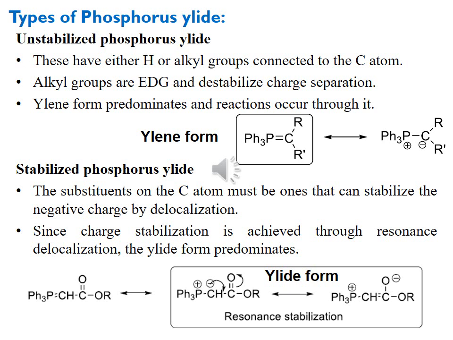So in this case, the stabilized phosphorus ylide form predominates and the reaction occurs through this form. You can see here this is the ylene form and this is the ylide form, which is stabilized through resonance by this carbonyl group of ester attached to the alpha carbon.